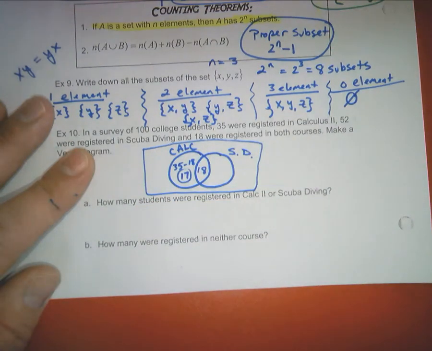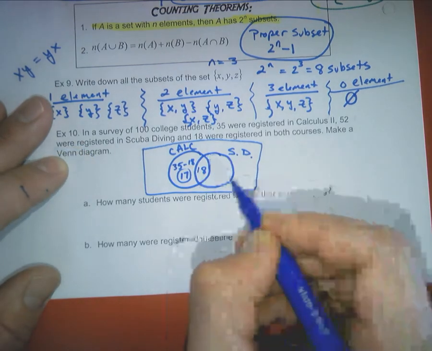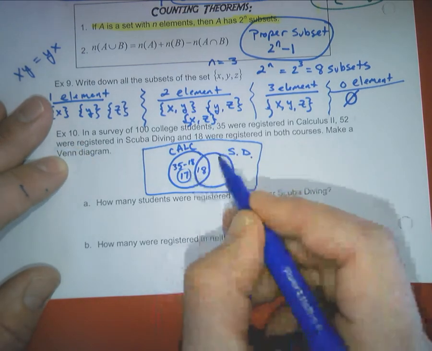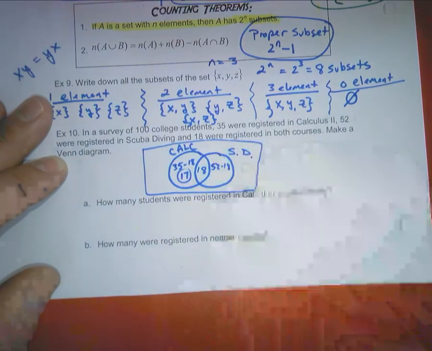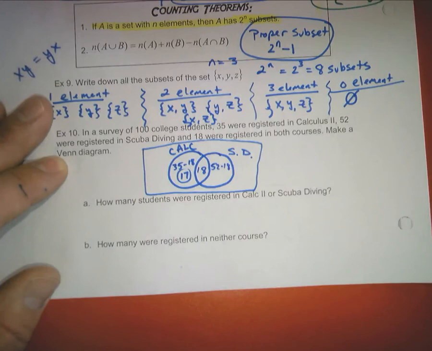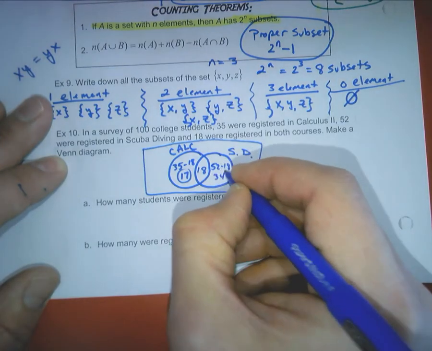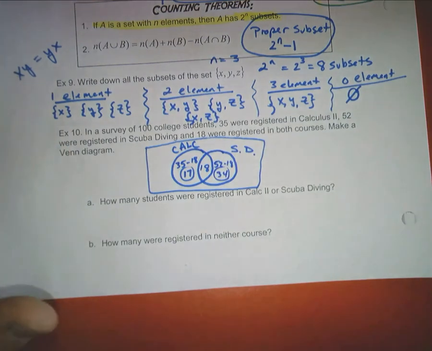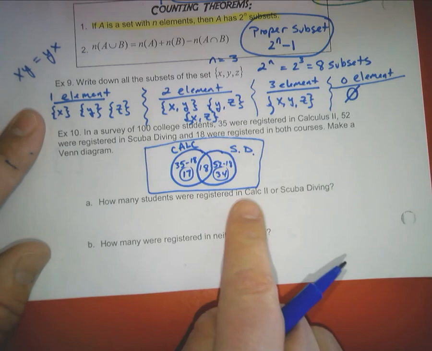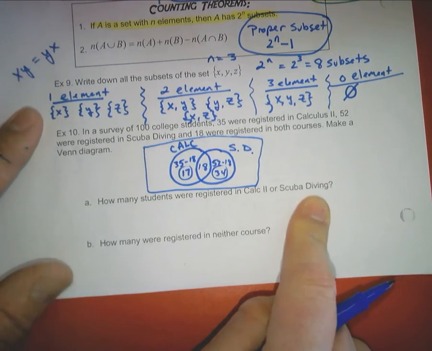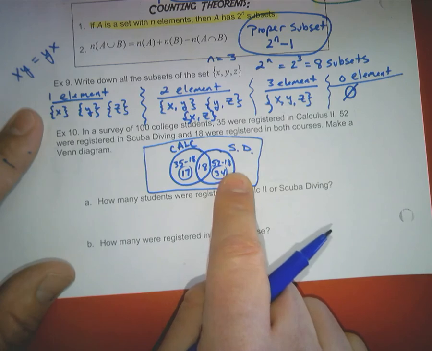Okay, makes sense. And then there were 52 students that were registered in scuba diving. That's the big circle, right? We'll subtract 18 from 52, and we get what? 34. There's 34 students that only took scuba diving. Well, now it says how many students were registered in Calc 2 or scuba diving? That means find all of these together, right?